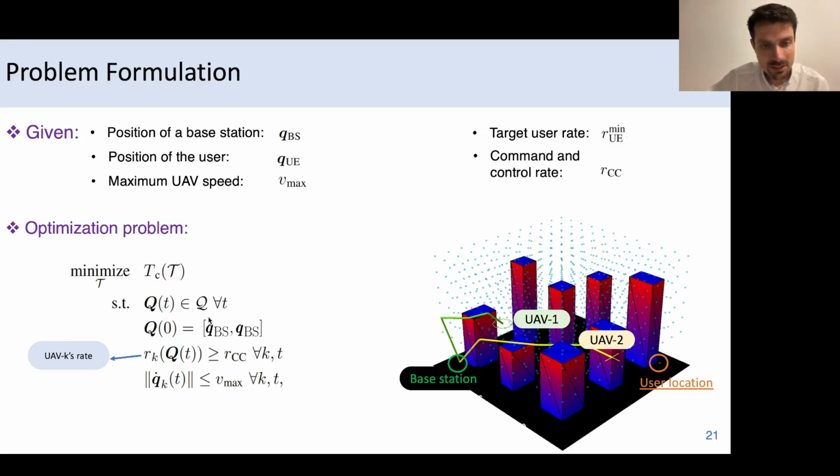So this is the set of all allowed configuration points.